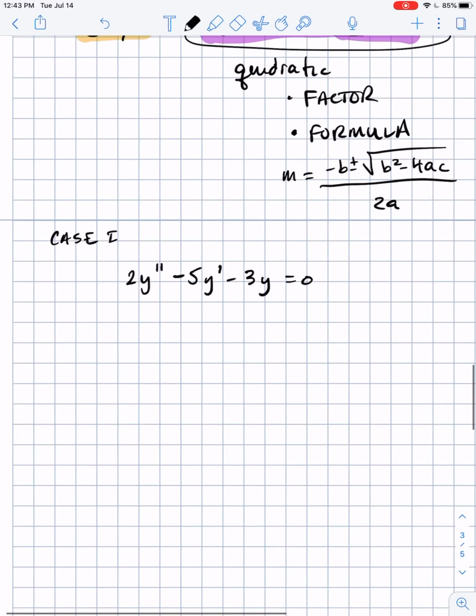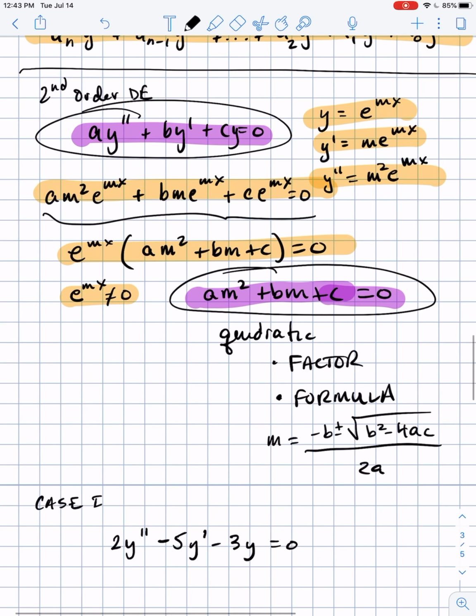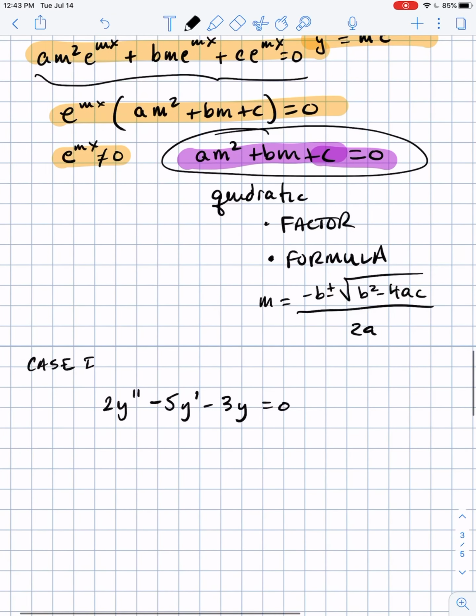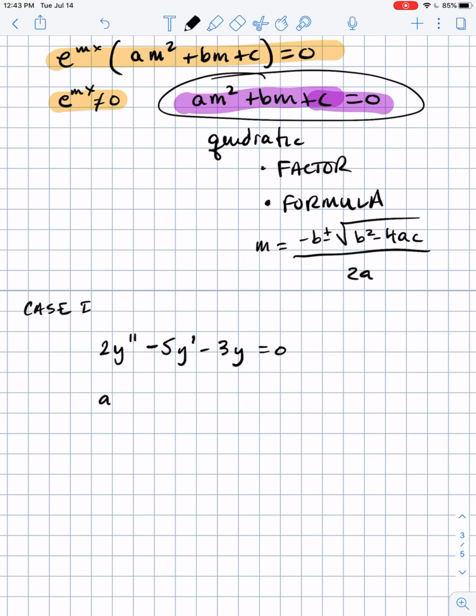So again, remember over here, you could skip all this orange highlighter part and just go from purple to purple, meaning really the only thing I need to solve for is 2m squared minus 5m minus 3 equals 0. And here I'm going to just factor. I mean, you don't have to factor. You could use the quadratic formula.